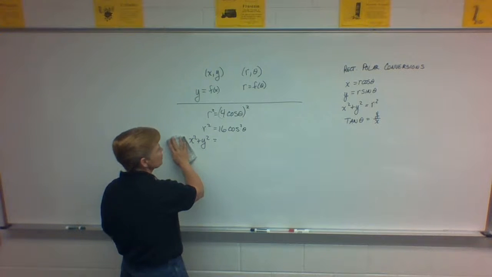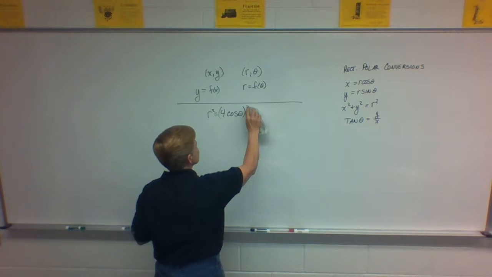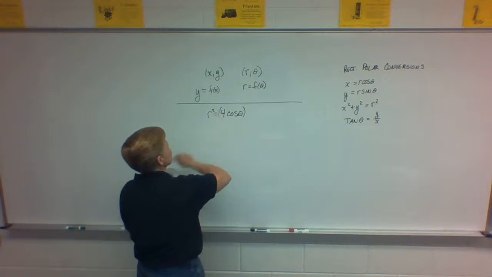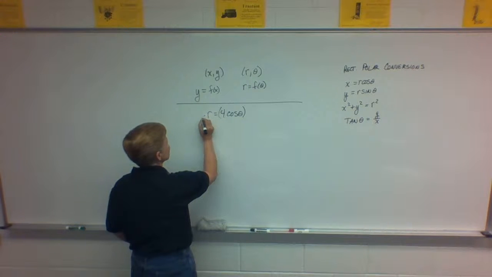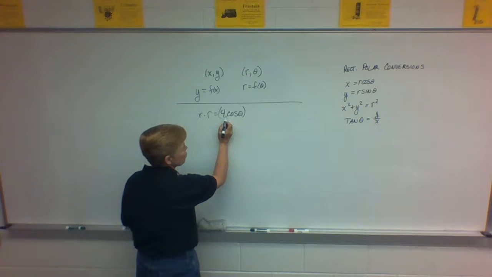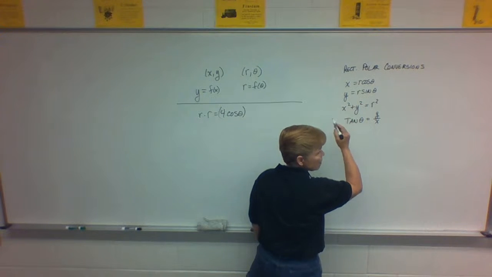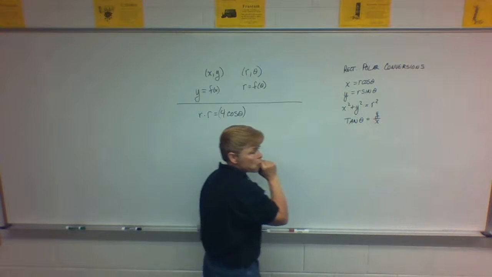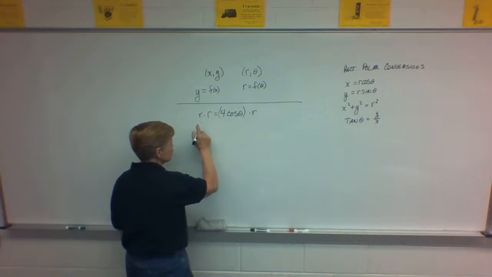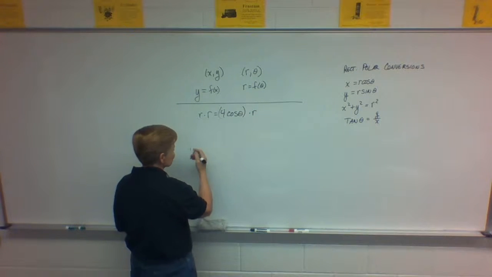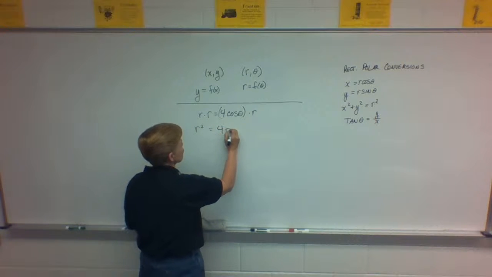What would have been way better, and I think you can see this once I do it, instead of squaring to get an r squared, is to multiply both sides by r, because that still gives me the r squared on the left, but it also gives me an r here, which is what I need. So if I multiply both sides by r instead, that still gives me the r squared I was shooting for. R squared is going to be equal to 4r cosine theta.